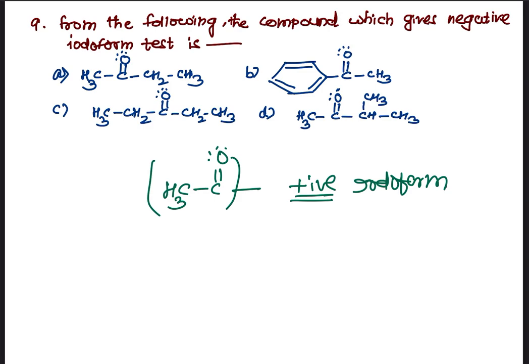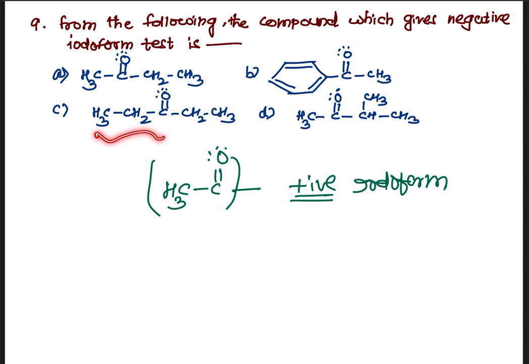In the first, CH3 C double bond O is there, and it gives a positive iodoform test, isn't it? In the second, in acetophenone, again there is a CH3 C double bond O, it gives a positive iodoform test.